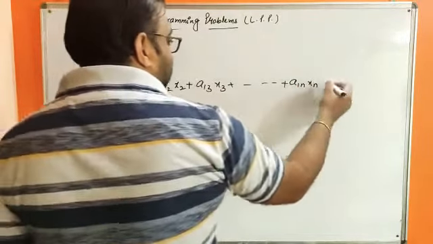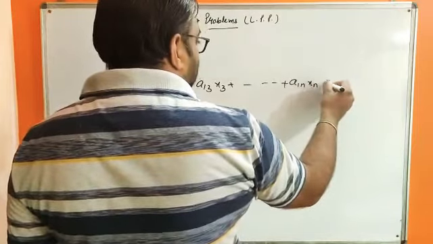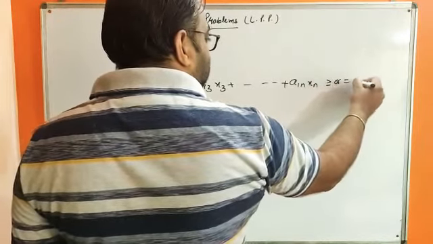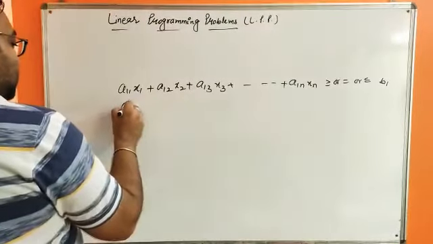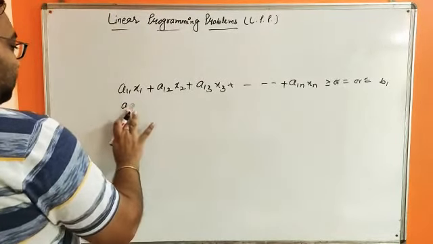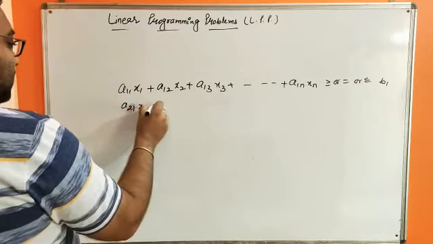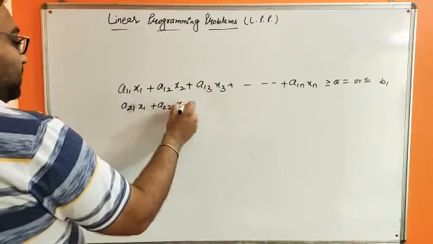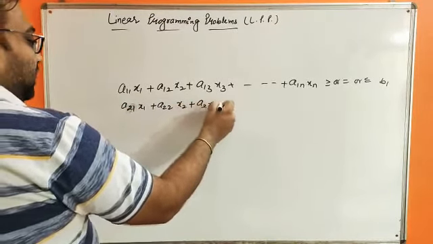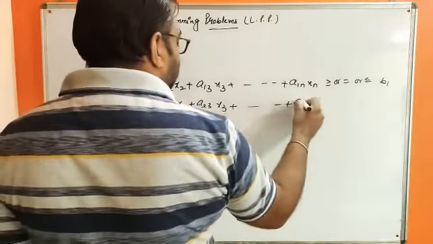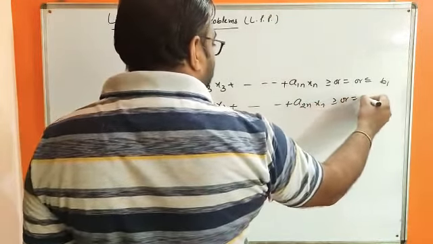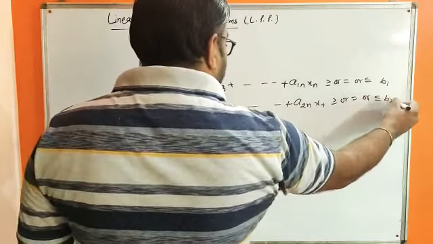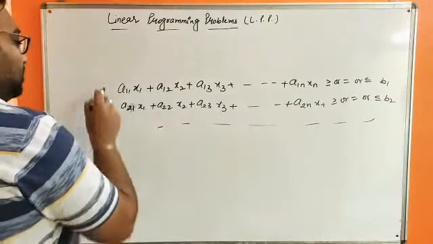It may be greater than or equals to, or equals to, or less than or equals to b1. Same as a21 x1 plus a22 x2 plus a23 x3 up to a2n xn, again greater than or equals to or less than or equals to b2. These are some equations.